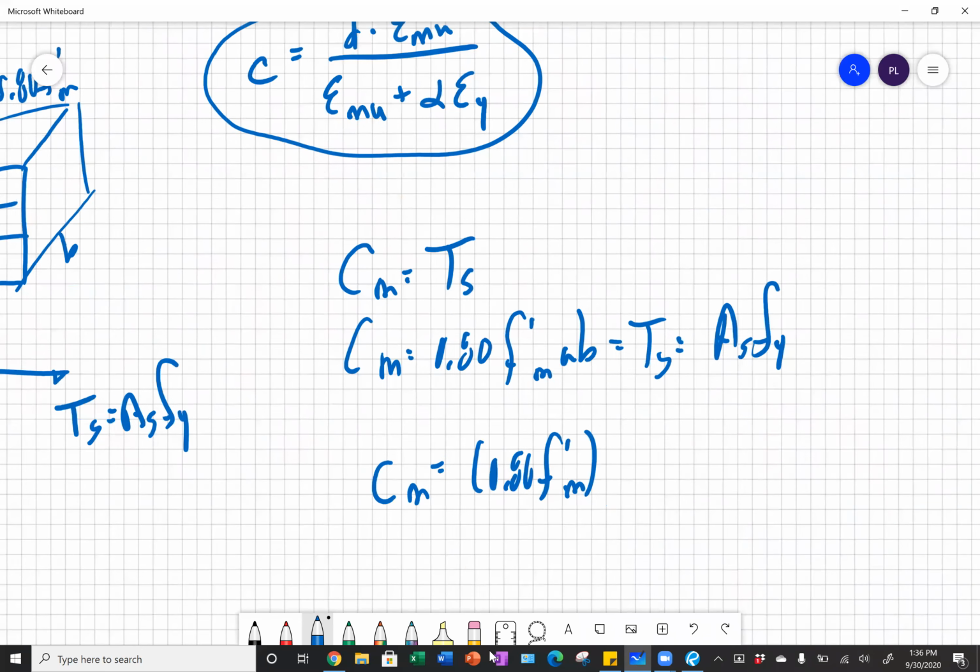If we take rho is equal to As divided by bd, so we're taking As divided by bd on this side of the equation, so b goes away here, and d goes away from here.